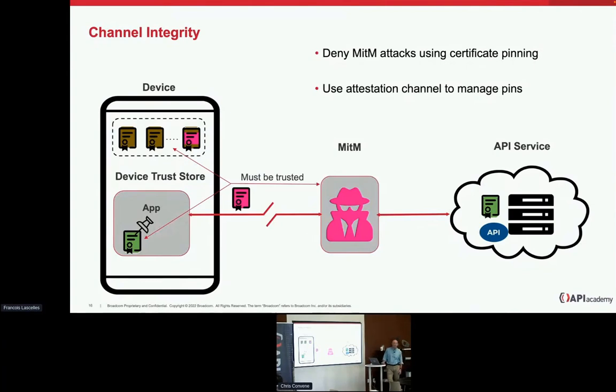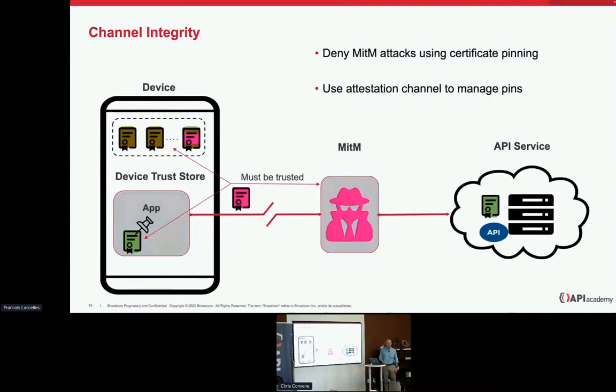So this is a case where we have an advantage of having this remote attestation service off here. We can actually use that to manage the certificate pins here. So we can regularly rotate pins by sort of injecting them from that attestation channel in. We can observe it if there ever is a problem.